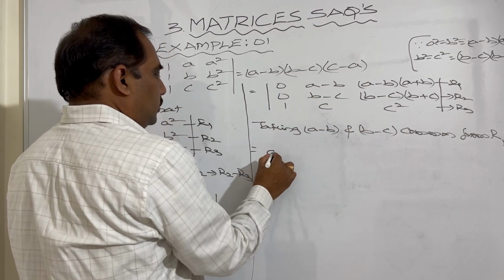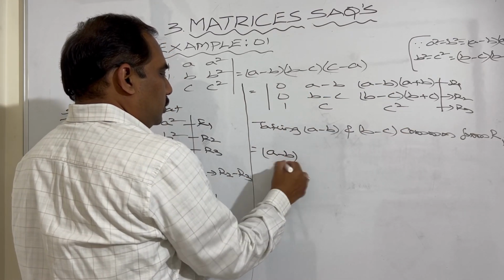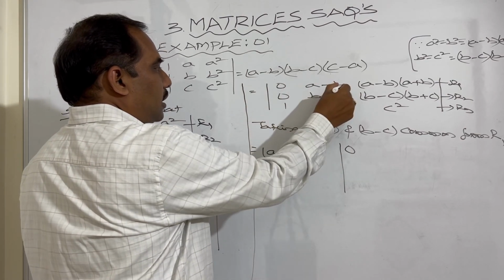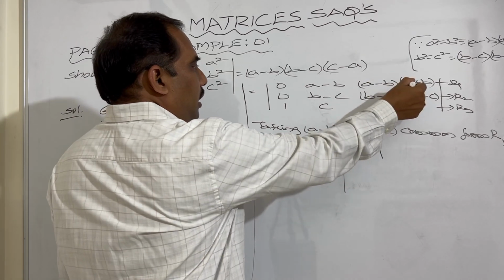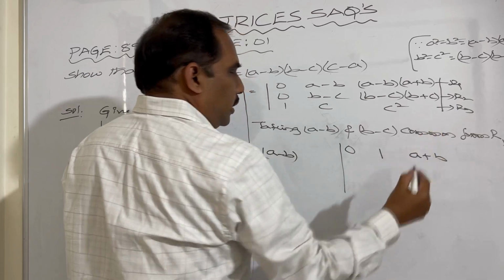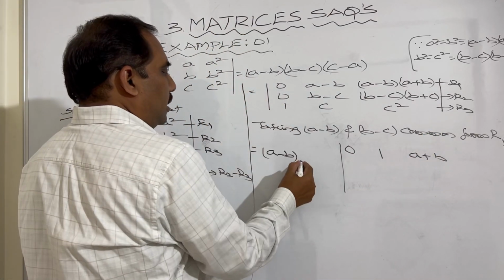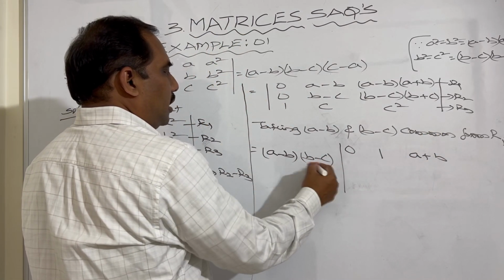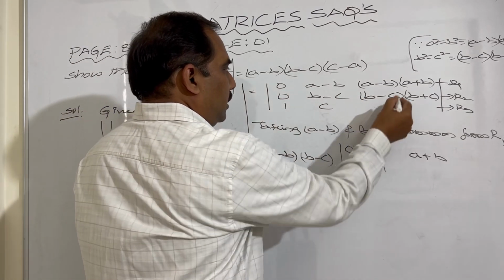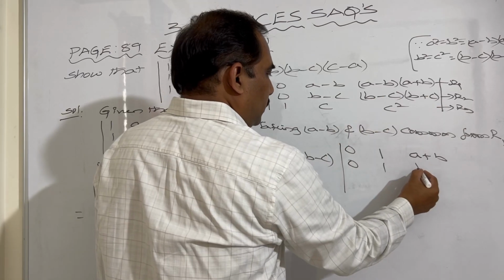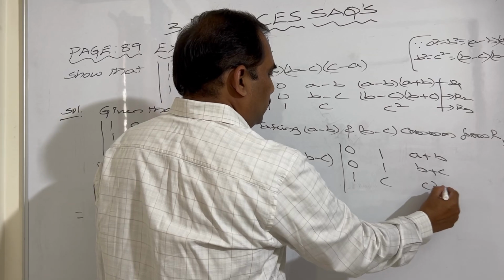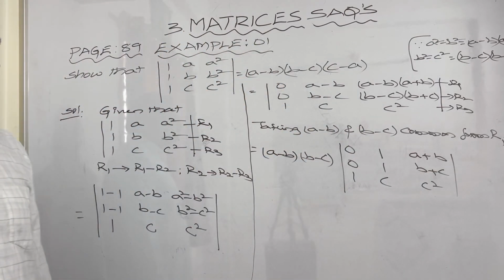If you take a minus b common from R1, we get 0, then 1, and 1 into a plus b, that is a plus b only. Again after taking b minus c common from R2, we get 0, then 1, and 1 into b plus c, that is b plus c. And the last row I am not changing, writing it as it is.